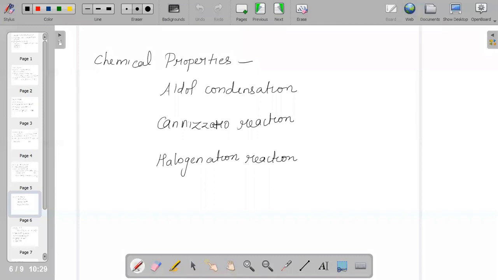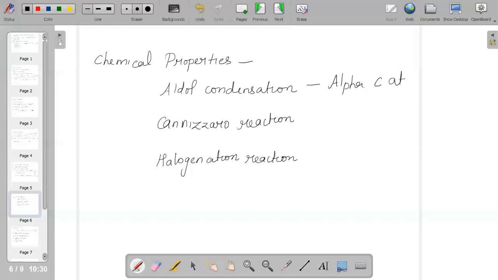But when we talk about the chemical properties of aldehyde, we have certain reactions, and the most famous reaction is aldol condensation. In aldol condensation, if we take 2 molecules of aldehyde and they condense, the product obtained is a compound with aldehyde and alcohol groups, and this reaction is given by compounds that should have an alpha carbon atom.